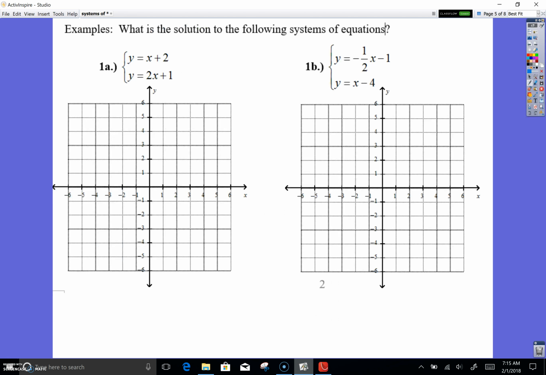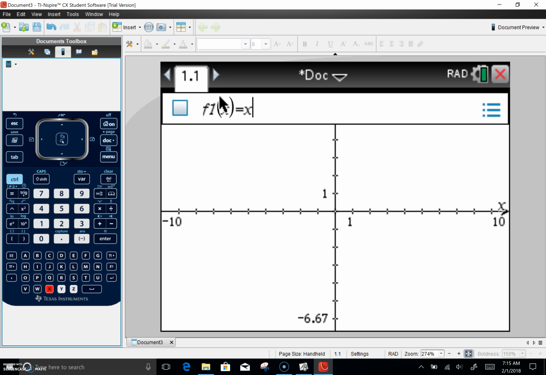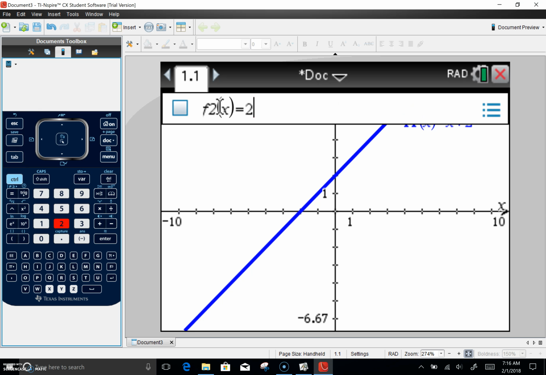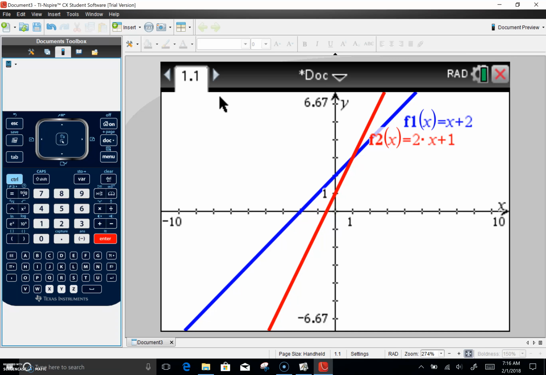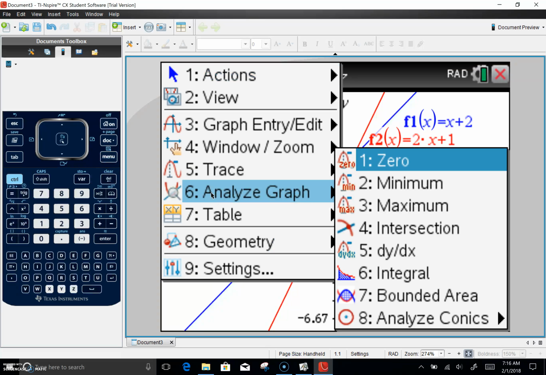So this time I'm typing in x plus 2, enter, then 2x plus 1. Okay, you see that the intersection is right there. What we're going to do is let the calculator find our intersection for us. So you go menu, analyze graph. If you look right here, it says intersection.